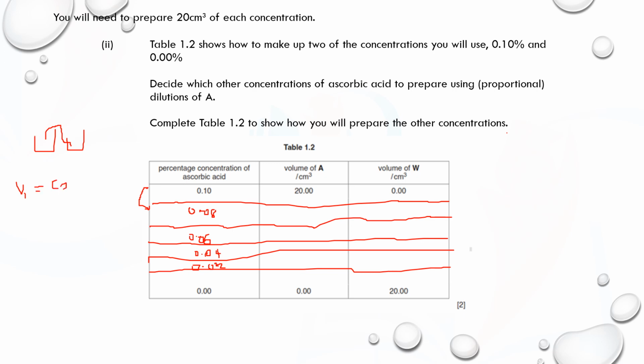C2 is 0.08, right? V2 is the final volume, which is 20. C1 is the stock, which is 0.1.